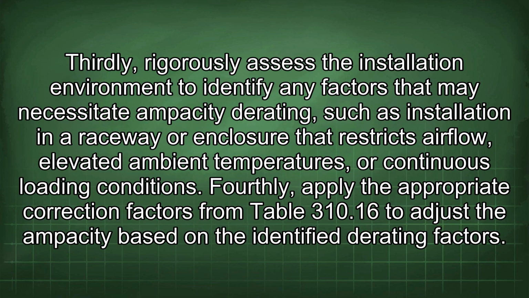Thirdly, rigorously assess the installation environment to identify any factors that may necessitate ampacity derating, such as installation in a raceway or enclosure that restricts airflow, elevated ambient temperatures, or continuous loading conditions. Fourthly, apply the appropriate correction factors from Table 310.16 to adjust the ampacity based on the identified derating factors.